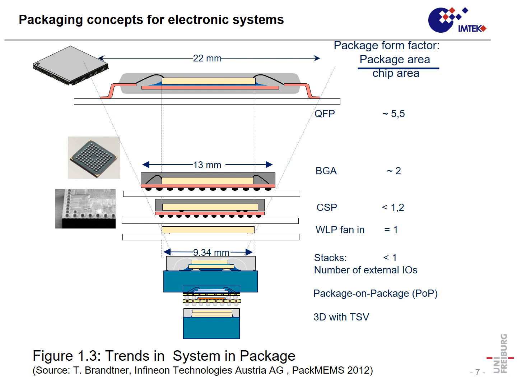Now let's have a look at the devices. While with a so-called quad flat pack device, as we see it here on the top, for instance with 100 or with 200 IOs, we have an edge length of 22 millimeter.